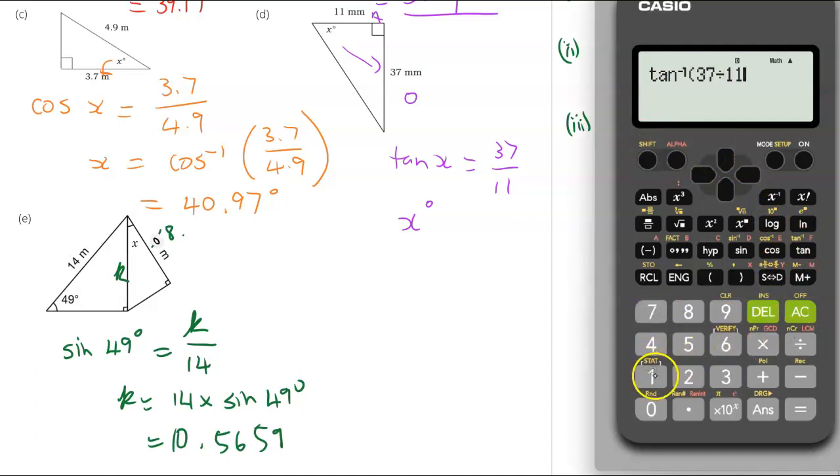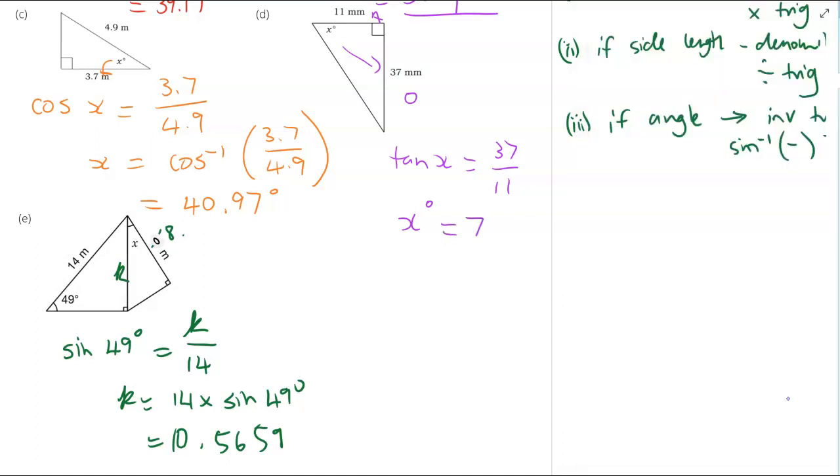I know most students don't try to think to see whether their answer makes sense, but this is a good one. You can see that's 73 degrees. Why is it so much bigger? Because that 37 opens up, that angle opens up to a bigger side length. So you can do a bit of a check to see at least if your answer makes sense. All right, E we didn't finish.